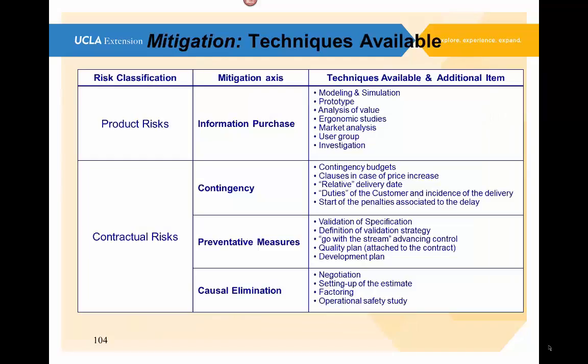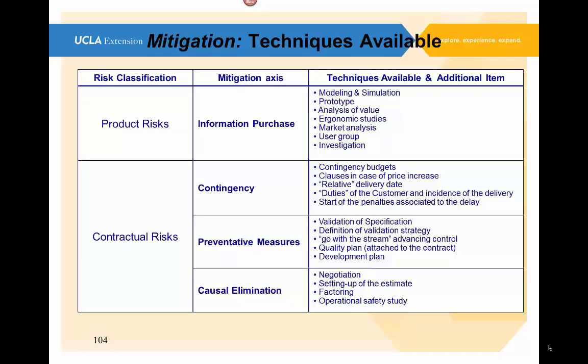Also, when you're looking at risks, take a look at the classification, whether they're product risks, contractual type risks, and then you can look at what is the type of mitigation you intend to use for that. In product risk, information purchase, there are things you can do where you will need to have more information.